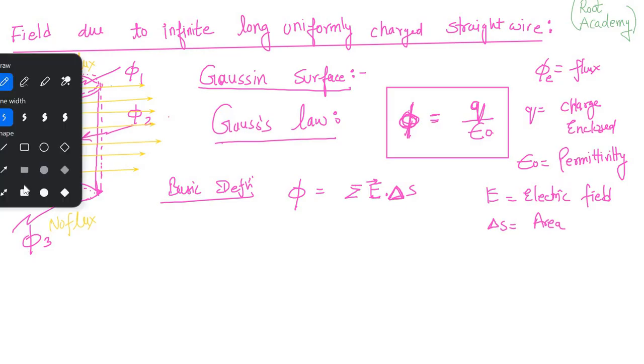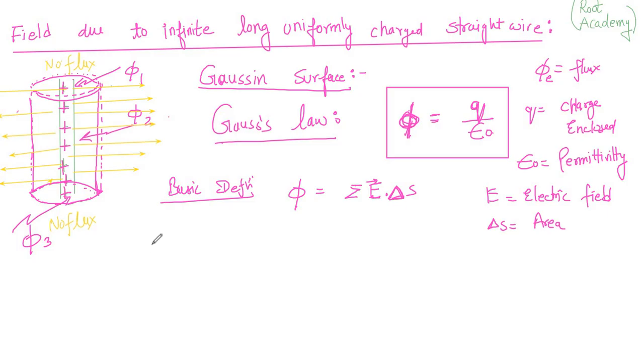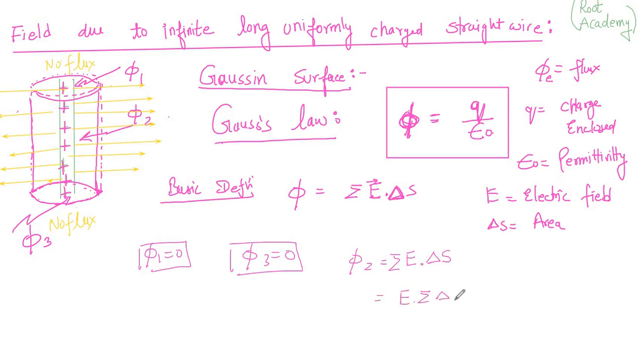So all around the wire the flux is coming out. Can I say phi 1 is 0 because there is no flux coming upward, and phi 3 is also 0 because no flux is coming downward? So what is phi 2? Phi 2 is nothing but E sigma del S, where E we don't know, the electric field. What is sigma del S?